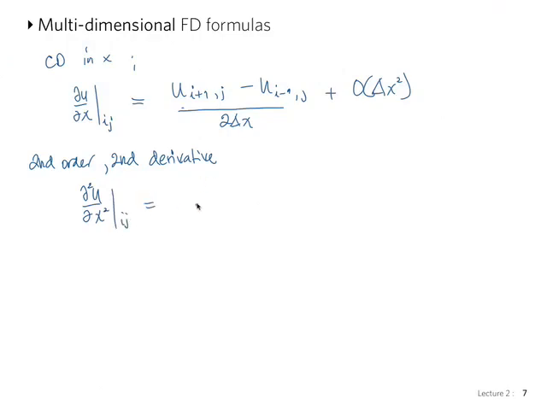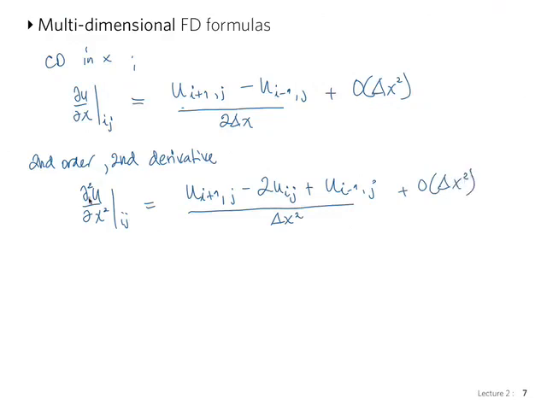So it's a central difference, and we have u i plus 1 comma j minus 2u ij plus u i minus 1 comma j divided by delta x squared plus order delta x squared. And in the case of d2u dy2, then i will stay the same, and the variation would be only in the index j. So that you can see how you reconstruct all of these.